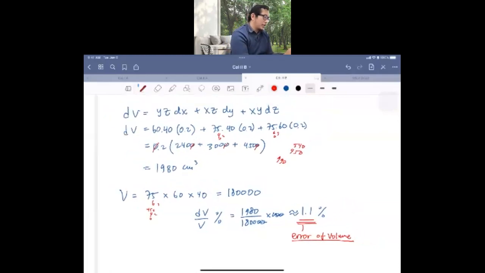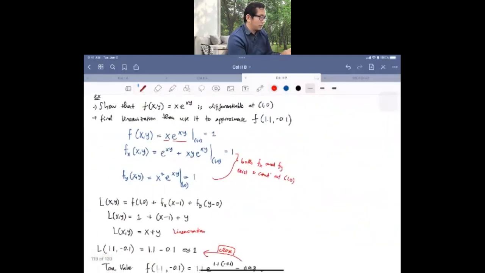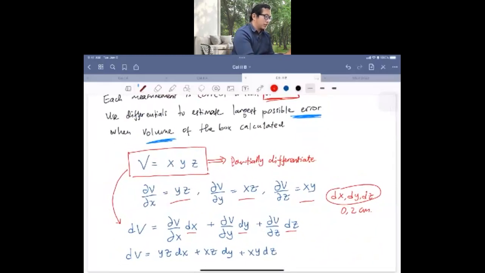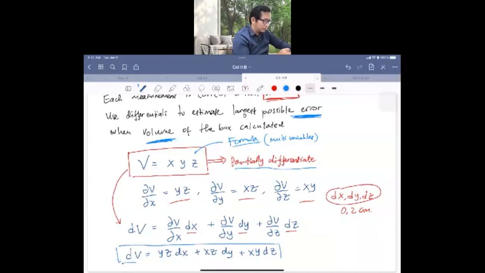Let me review a little what we have found here. We start with the formula and determine how many variables we have, the multi-variables. Next we partially differentiate and make the differentials formula, this part here.